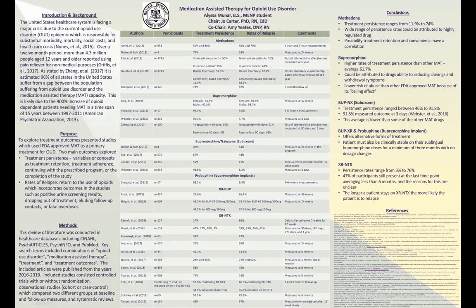And there are variables that contribute to a lower treatment persistence, which include things like experiencing anhedonia, anxiety, restlessness, and concurrent use of other substances. And there are also variables which are protective for treatment persistence, which include things like being married and stable employment.